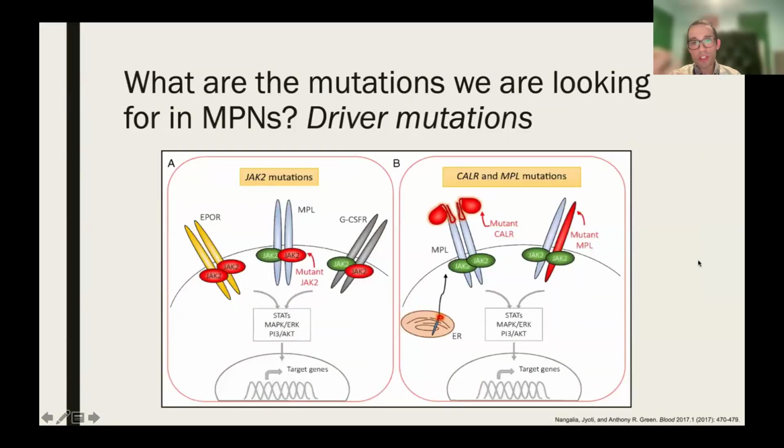These driver mutations for MPNs, even though there are three different ones, all really result in the same kind of abnormal function, right? You can see all of these mutations, JAK2, MPL, and CALR, affect this kind of receptor. These receptors are present on the surface of your cells.